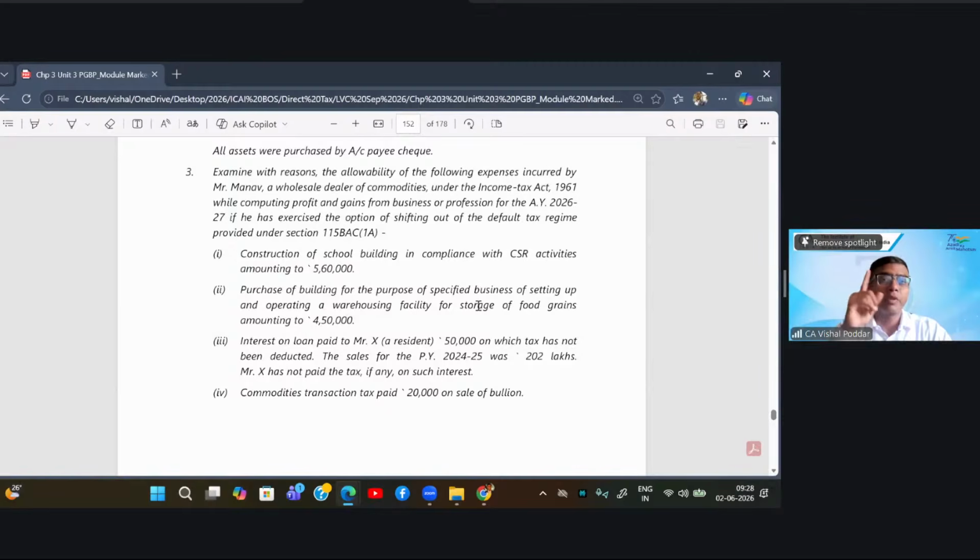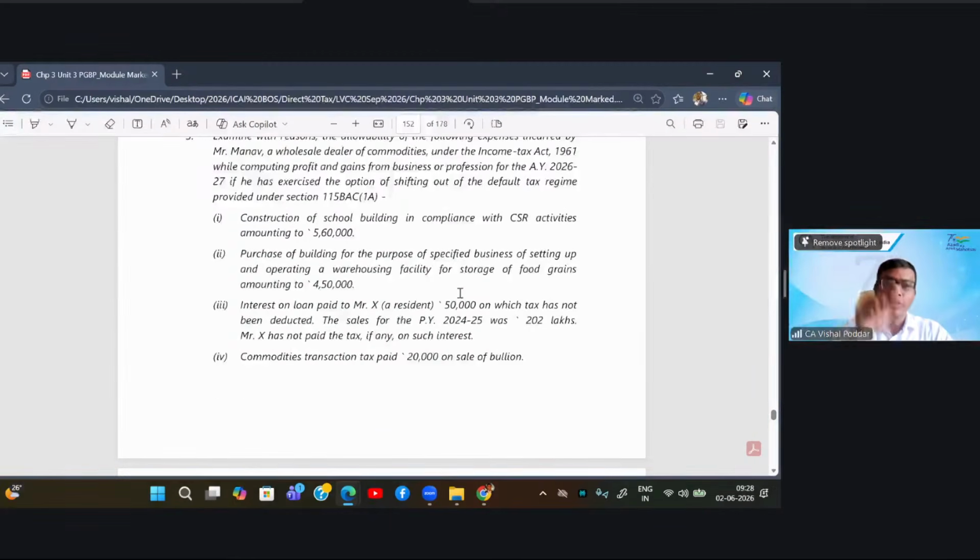However, if it is for a 35AD business, it will be allowed because 35AD business is an exception to that rule. Here you have purchase of a building, which is again a capital expenditure, but for a specified business. Specified business means 35AD business. Even though it is a capital expenditure, because of the specific exception that we studied in that condition, this will be allowed.